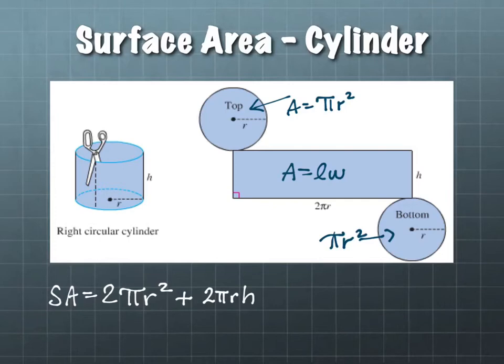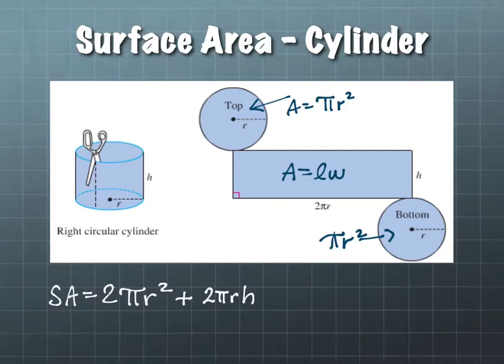If I go all the way around my circle, that's 2 pi r. And so it makes sense that this long sheet on the net, the rectangle part, is the perimeter of the circle. If I cut down the side, that's exactly what would be laying flat, all the way around the circle. So that's where those pieces are coming from for my surface area for my cylinder.